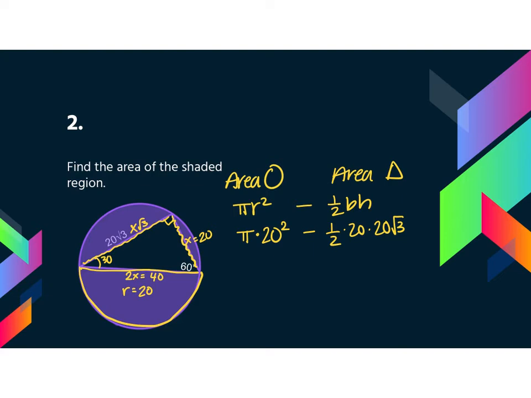So we need to do 20 squared, which is 400. So I have 400 pi minus 20 times 20 is 400, divided by 2 is 200 square root of 3. 400 has pi, 200 has square root of 3 with it, so they are not like terms. I cannot combine these together, so I'm going to leave this as my final answer.